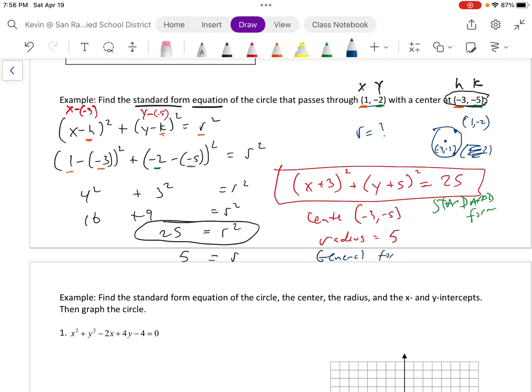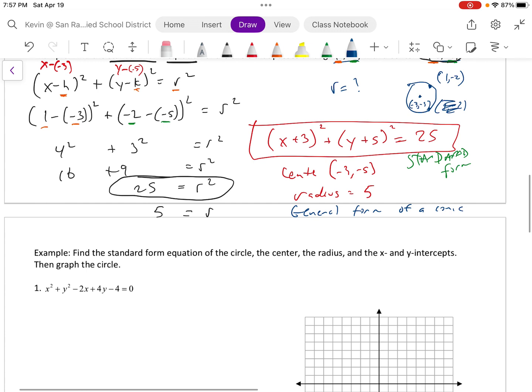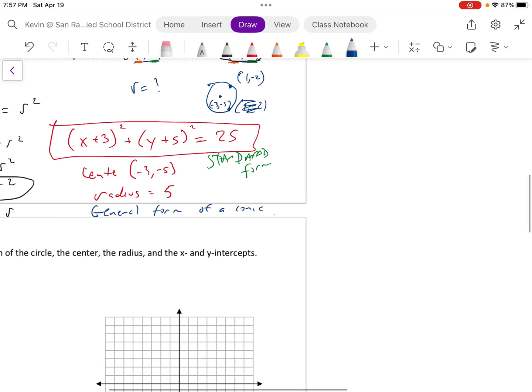Now let's rewrite that, in blue, as the general form of a conic, specifically of a circle. To do that, we take our equation and expand it. I'm going to do it over here.